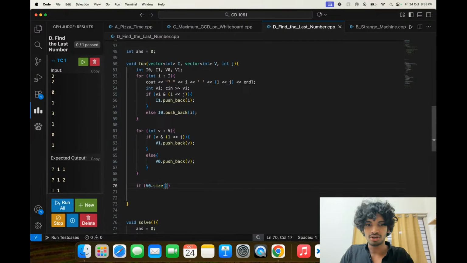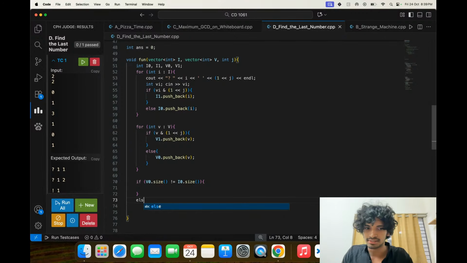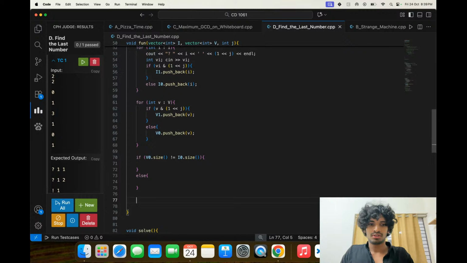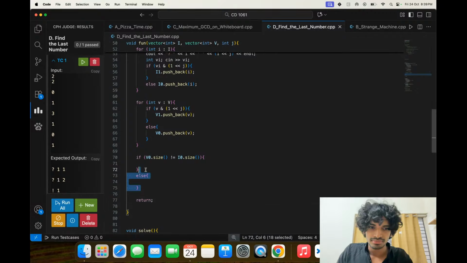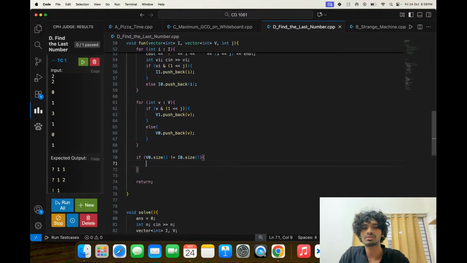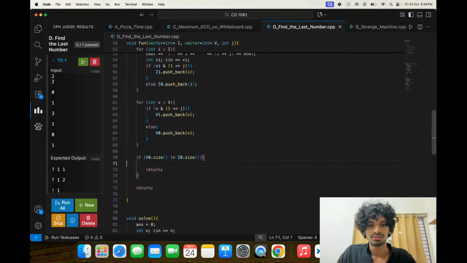If v0 dot size is not equal to I0 dot size, else... so if v0 dot size not equals, that means 0 was here. Now you have this v0 as the possible values.